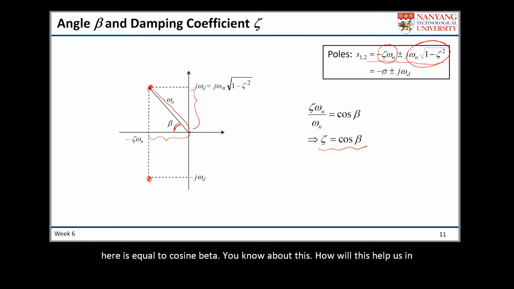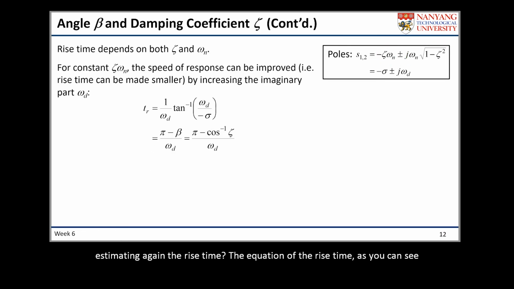You know about this. So how will this help us in estimating the rise time again? The equation of the rise time, as you can see here, because of the relationship of omega n, zeta, omega d, and sigma, you can also write it as follows.